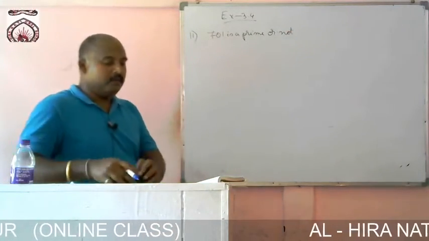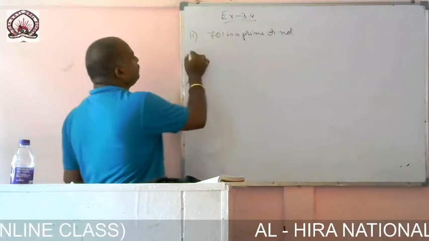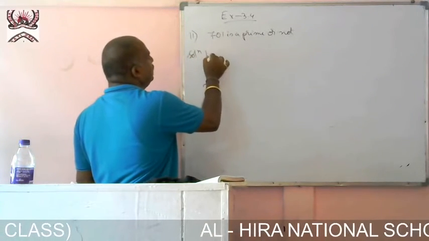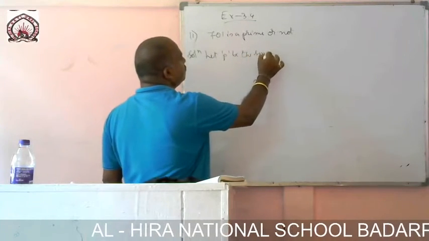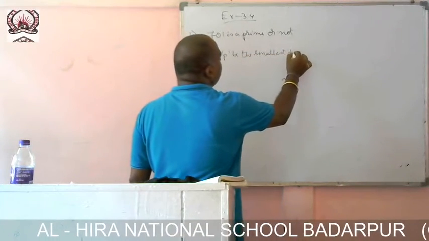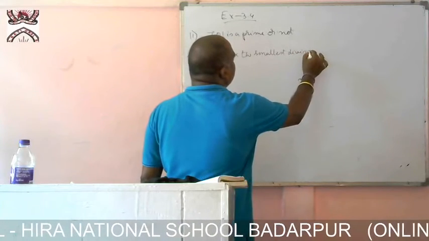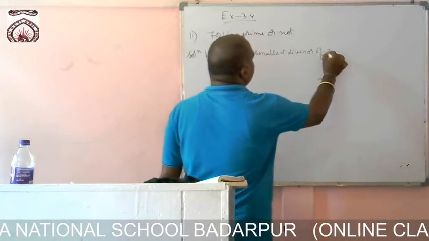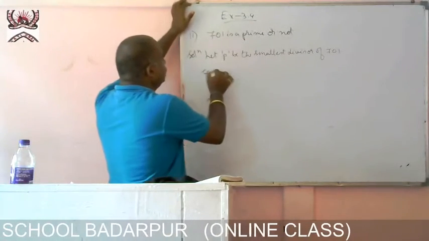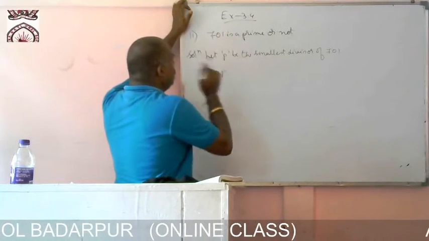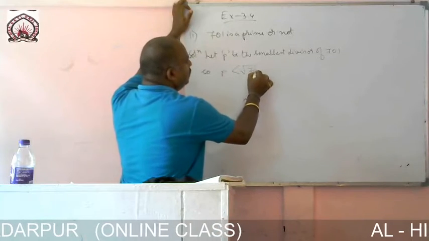Now the solution. Let p be the smallest divisor of 701. So p is smaller than root of 701.